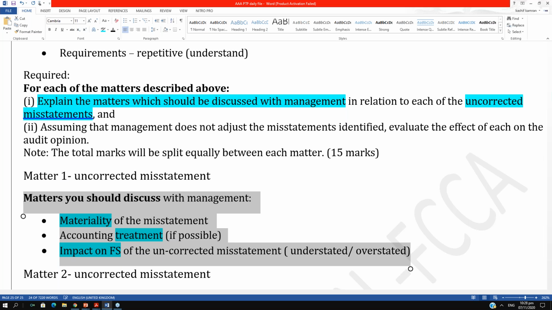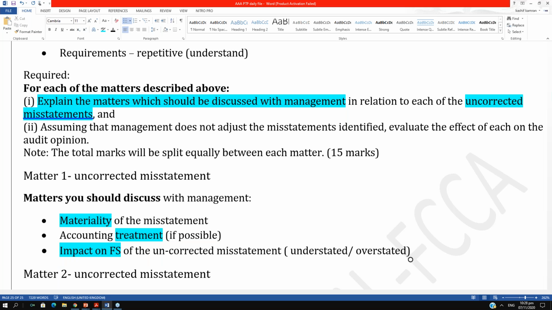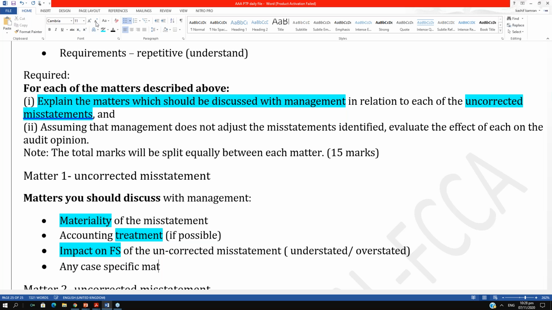So will we discuss materiality of the misstatement? The treatment of the misstatement? The impact on the financial statement of an uncorrected misstatement, right? And there can be any case-specific matter. Be mentally prepared.